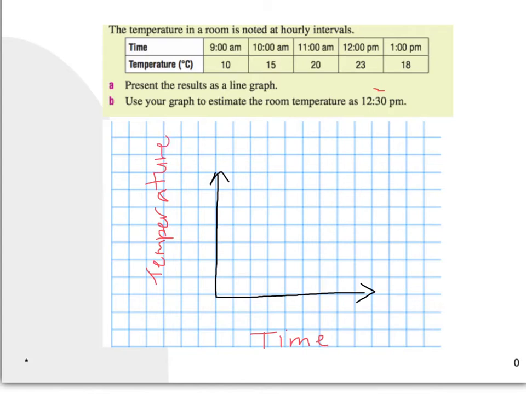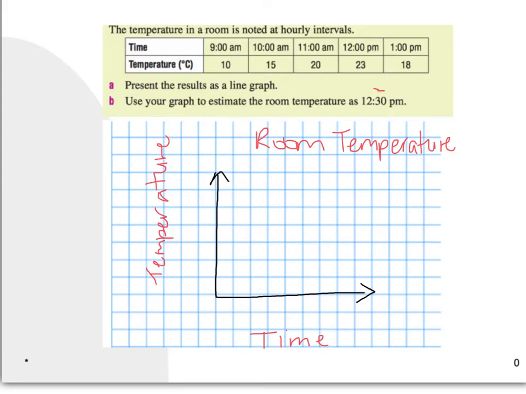Alright, we need to label, of course, the whole graph. So we could label that as room temperature.